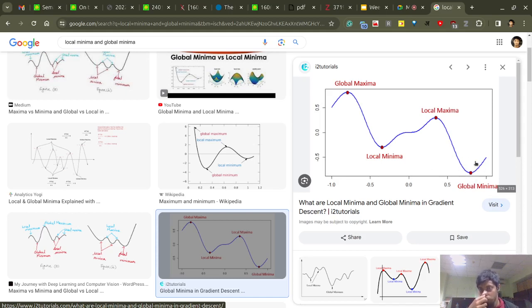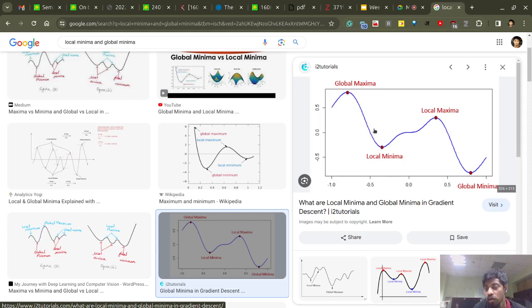Then this one, suppose you are traveling on a hill and you don't know that this point exists. Maybe you are in an unknown area, traveling around, and you are here. You want to go to the lowest point.